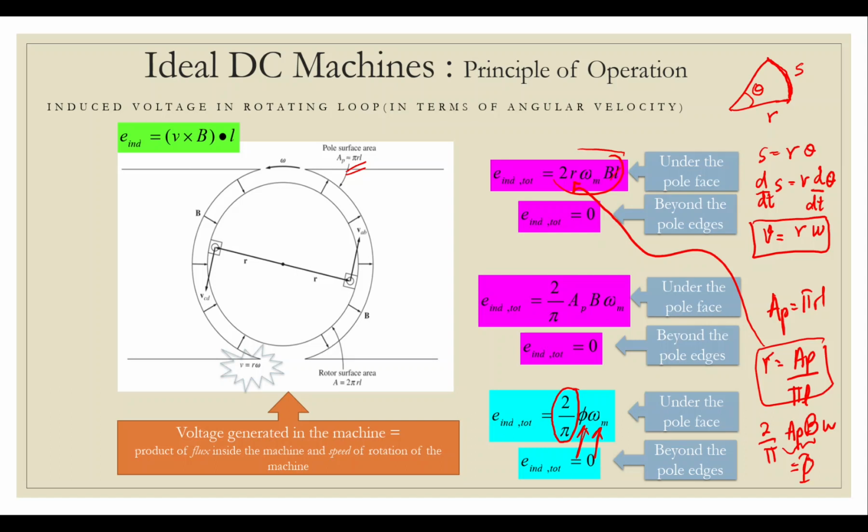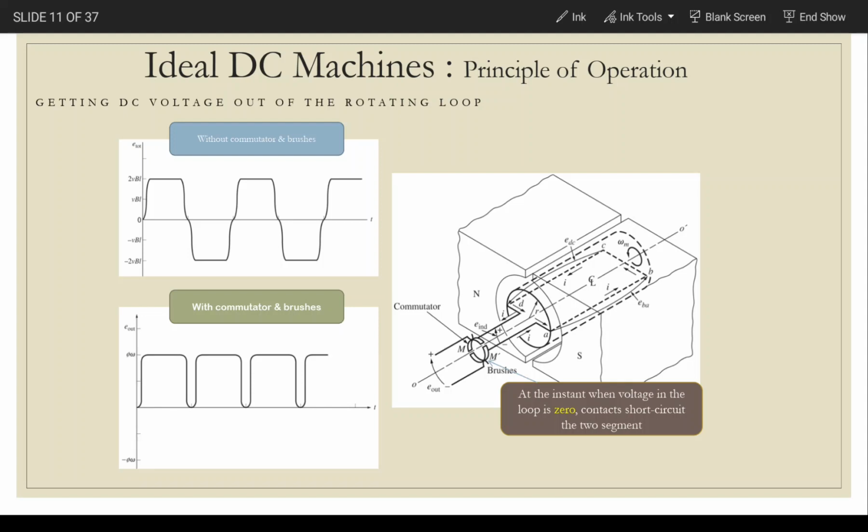If you have larger speed, you get more voltage. If you have more flux inside the system with the same speed, you get more voltage. If you increase the constant, meaning you put more coils inside the system, you get more voltage. That is the principle of operation of DC machines to get the induced voltage.